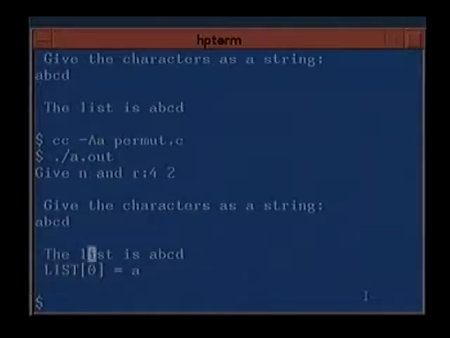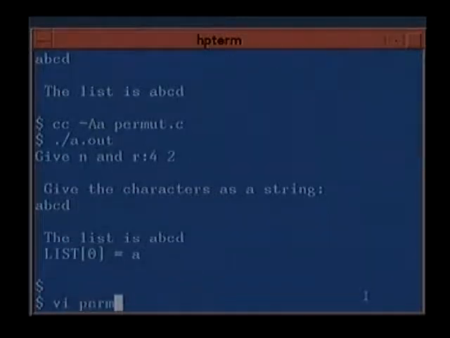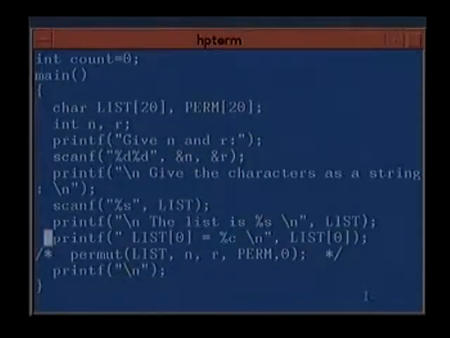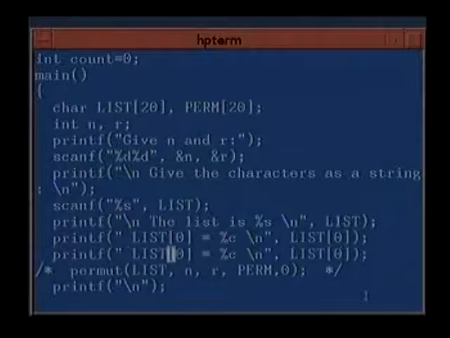So we got list is a, b, c, d, and list 0 is a, and if you want to see how the list is ended, then suppose we give 4, and if we want to print out a list 4, we will see that there will be a \0 marking the end of the list. Zero, 1, 2, 3 will be a, b, c, d, and list 4 will be the end of the list.